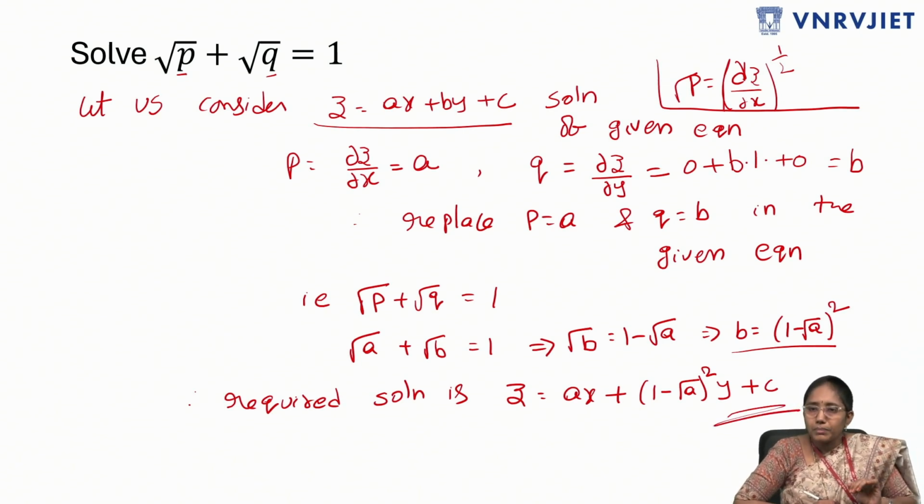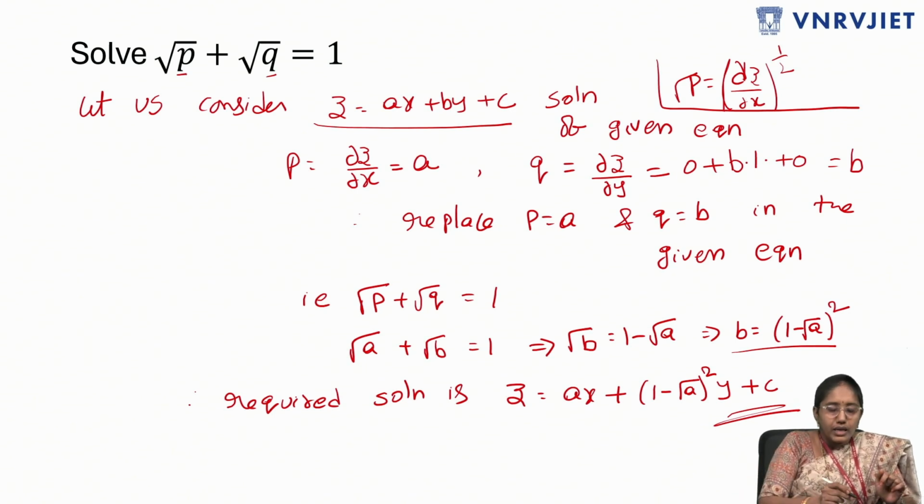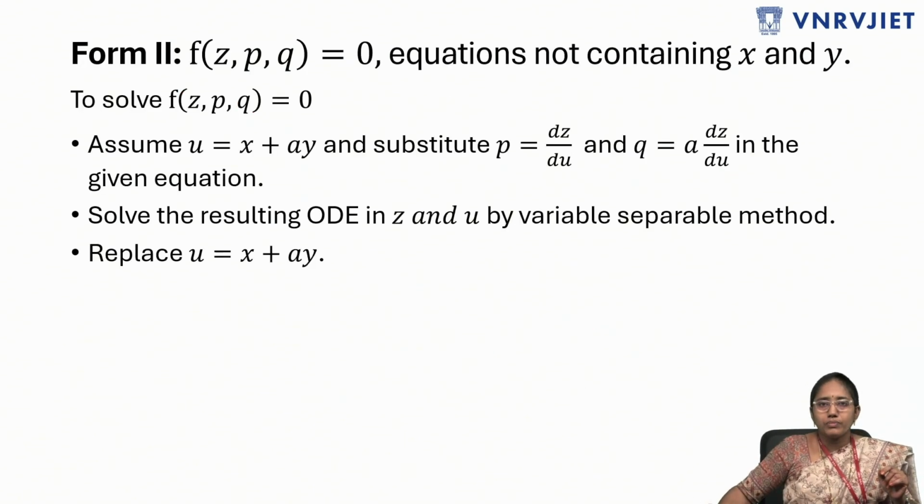This method is applicable only when the given non-linear partial differential equation is in the form f of p comma q equals 0, meaning the equation has only p and q. Next, now we discuss another method, the second method.